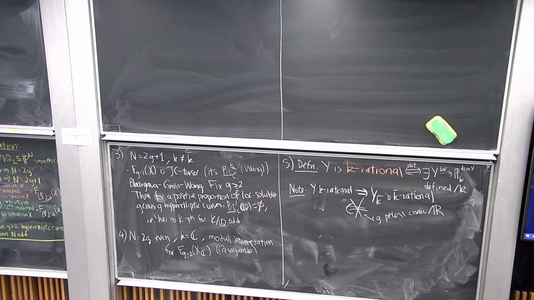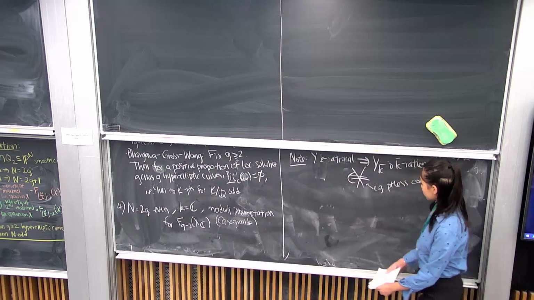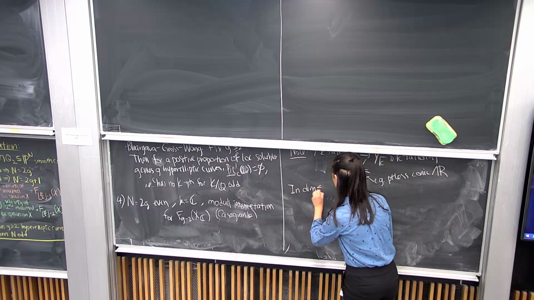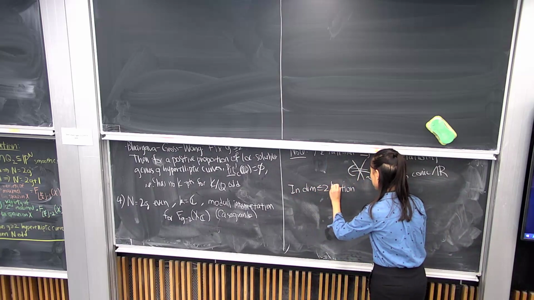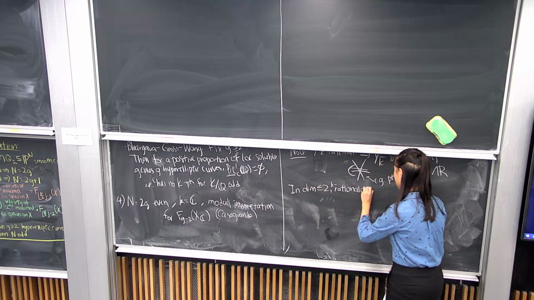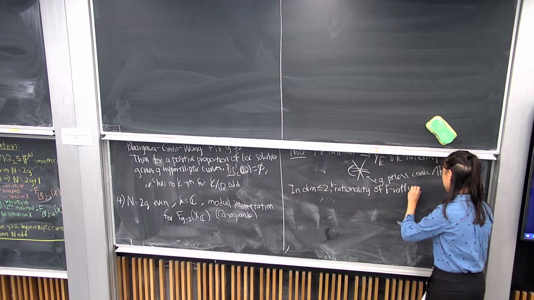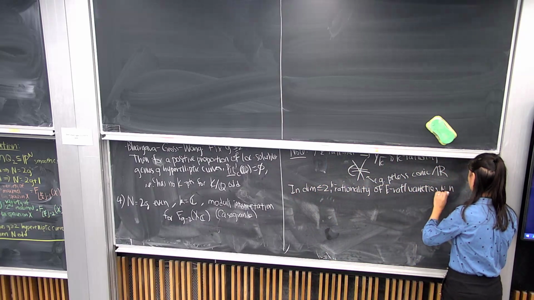And so in dimensions at most 2, k-rationality of geometrically rational varieties is understood well.